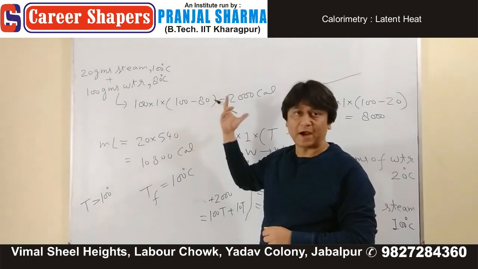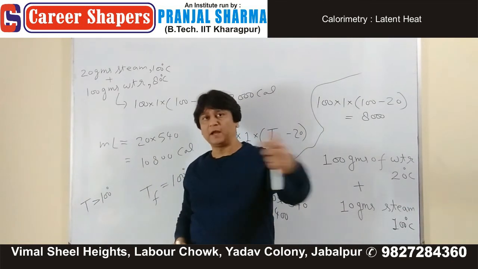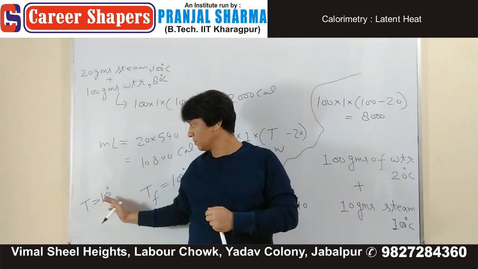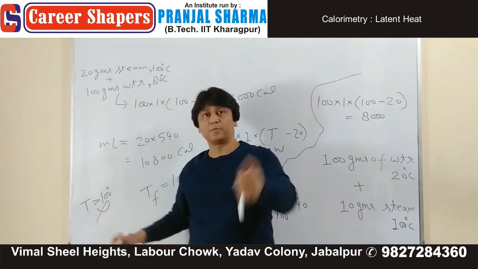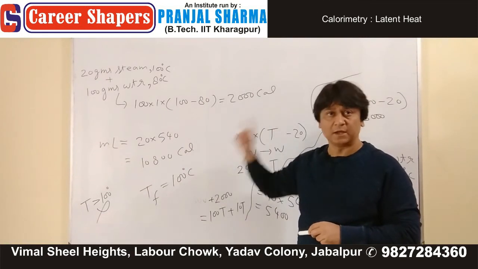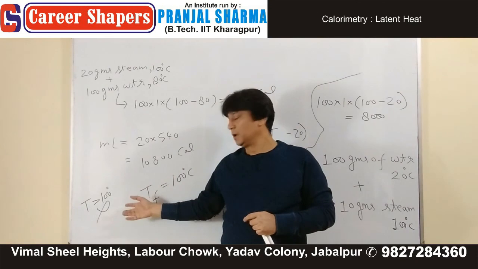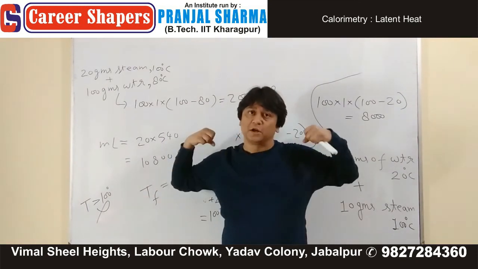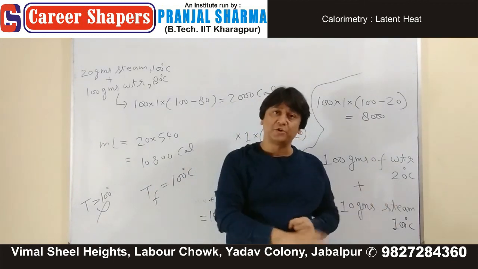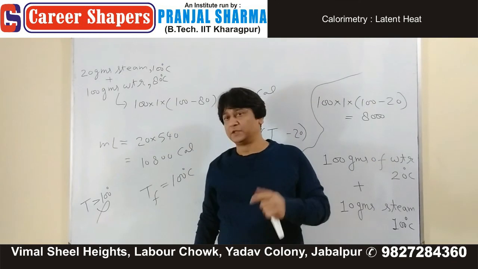If somebody did try that, they would have found that T is coming greater than 100. Not possible, because maths, again, is trying to violate the second law. मैथ्स क्या बोल रही है कि स्टीम ने अपने अंदर से एनर्जी दी और अपना खुद का टेम्परेचर 100 के ऊपर ले गई ना, हो ही नहीं सकता.